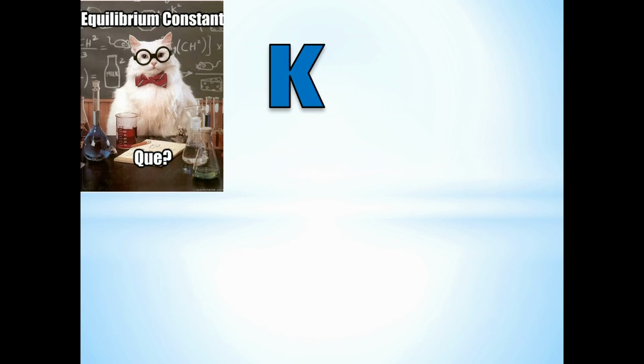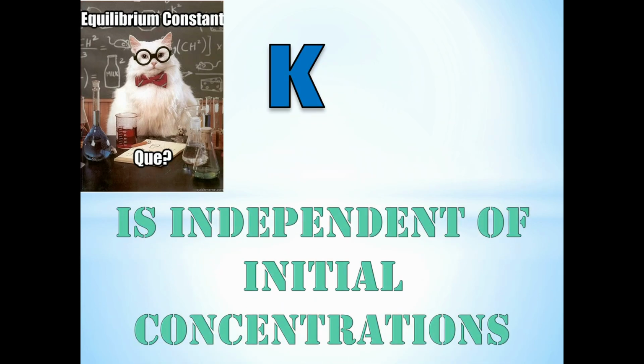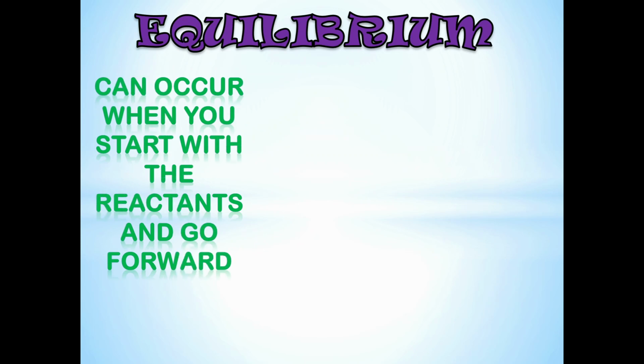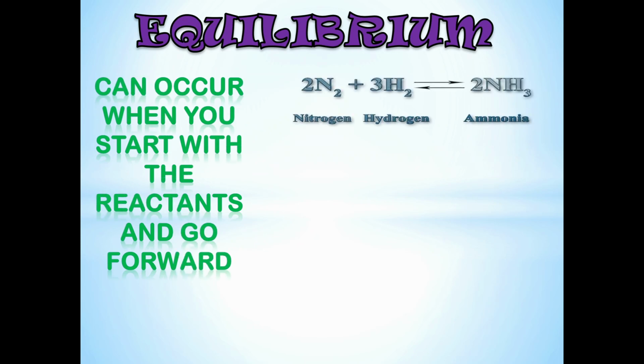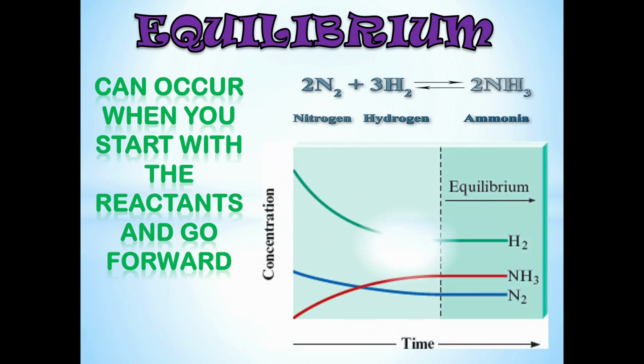Okay, so equilibrium constant. Unlike the rate, which depends on what our initial concentrations of reactants were, K is independent of initial concentrations. I can get the same K value whether I start with all reactants and no products, N2 and H2, and reach a point where they're all constant, and there is a K value there.